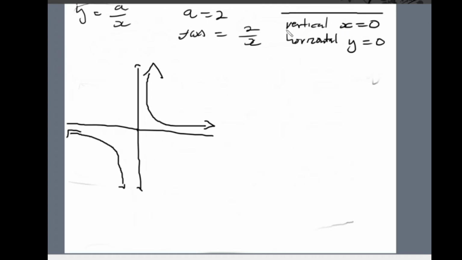So if they say write down the equation of the vertical asymptote, you will say x equals, depending on your asymptote, in this case the line x equals 0. The vertical asymptote is the line x equals 0, and the horizontal asymptote is the line y equals 0. This is the equation of the horizontal asymptote, and this is the equation of the vertical asymptote, right?